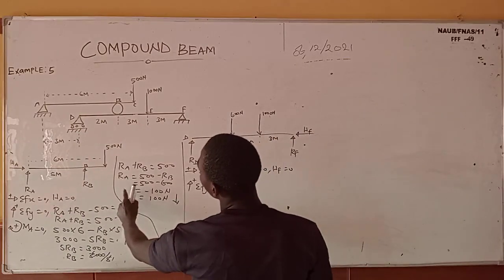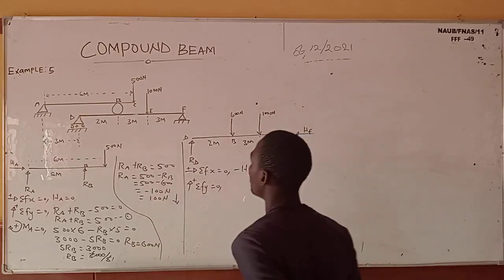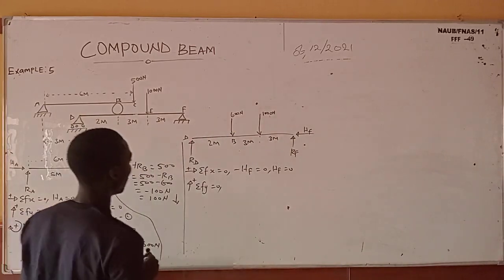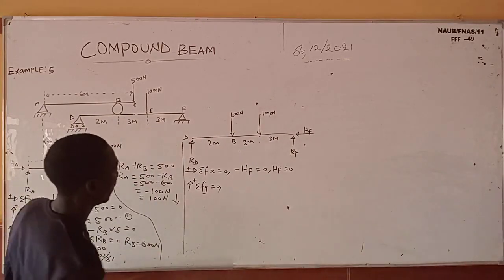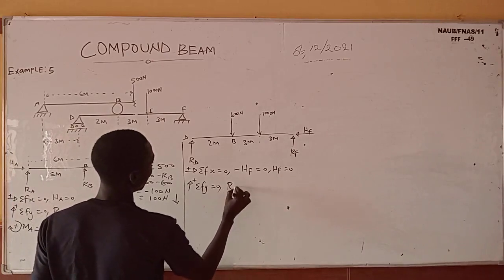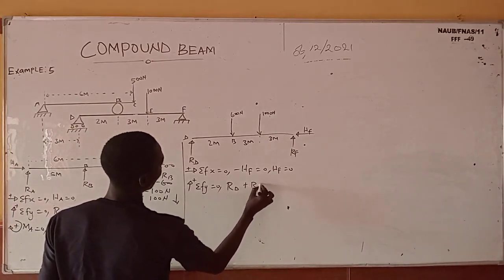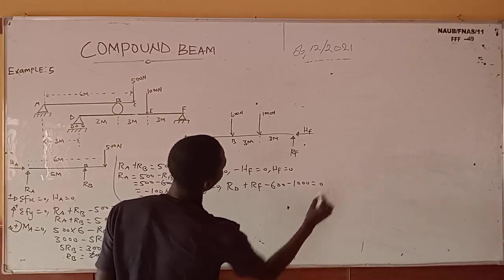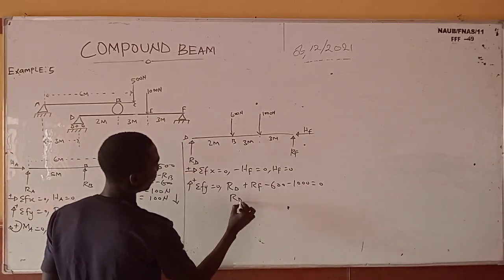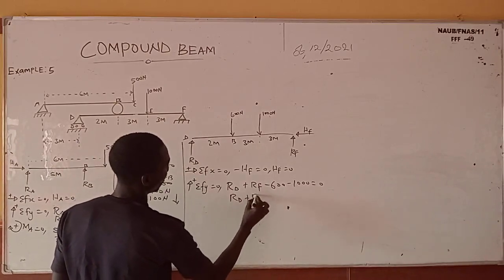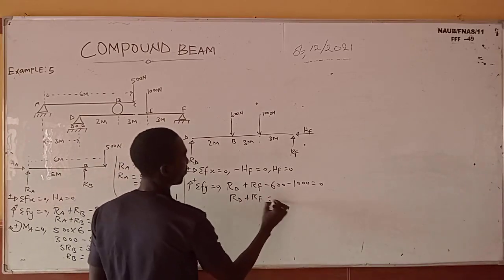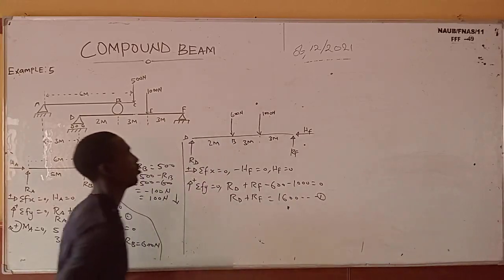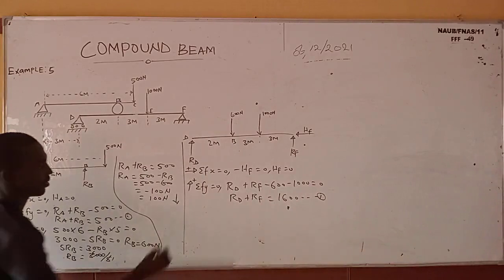It doesn't have anything to do with this one. So we will take it like that. Upward force, that is RD plus RF minus 600 minus 1000 equals 0. So RD plus RF will be equals to 1600, equation 1.